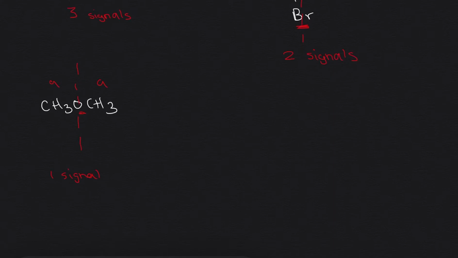Okay, let's try this one. Okay, so we have a nitrobenzene here. Now we know with these groups, these hydrogens are actually implied. We know they're there, we just don't draw them out in the skeletal structure like this.